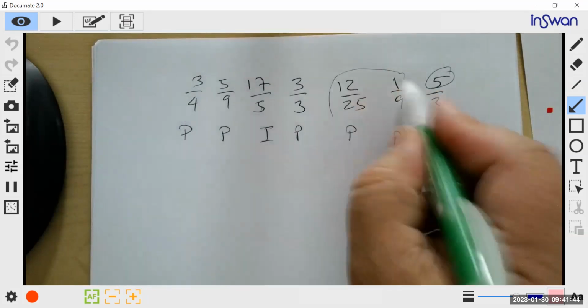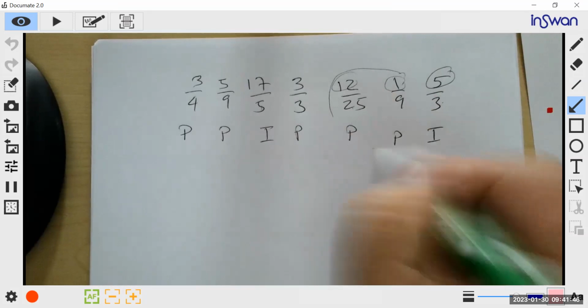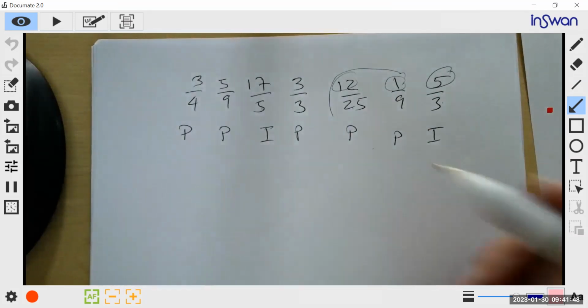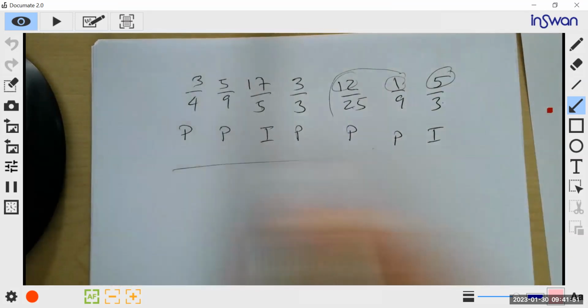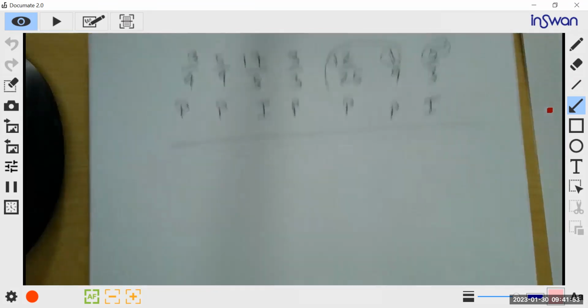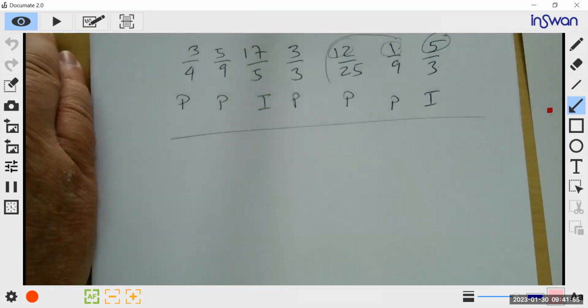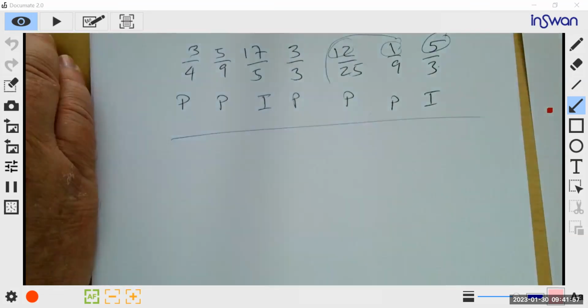The rest of these, the top number is smaller than the bottom, so they're proper. That's all it's asking for there. So that's that section.